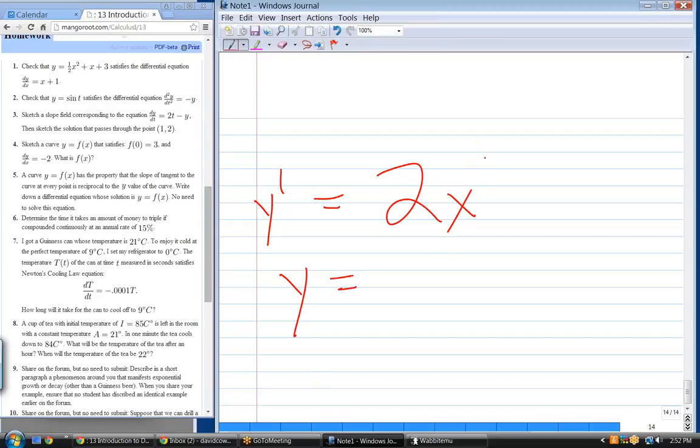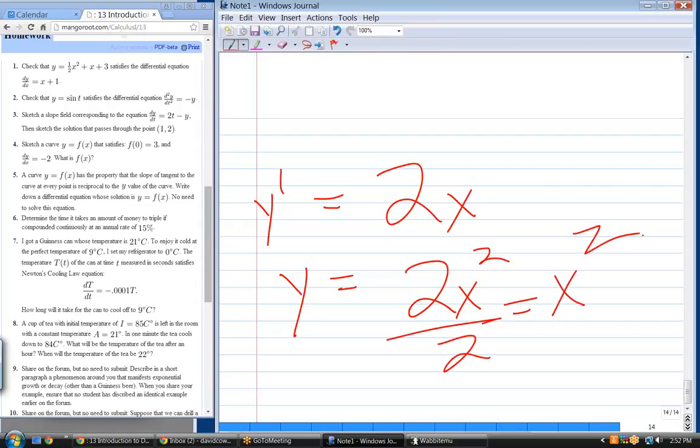We're going to add 1 to the exponent, and we're going to divide by the new exponent. So it becomes 2x squared divided by 2, which is x squared. So integration is the reverse of differentiation.